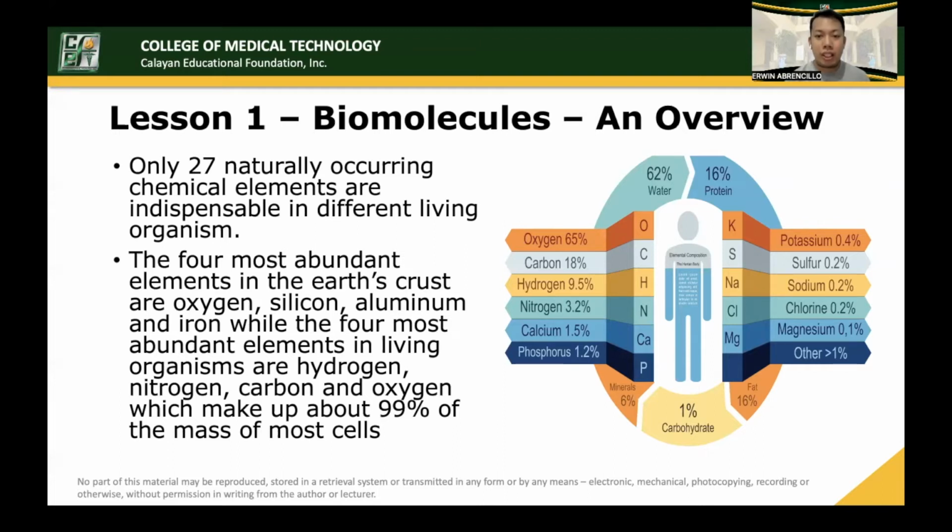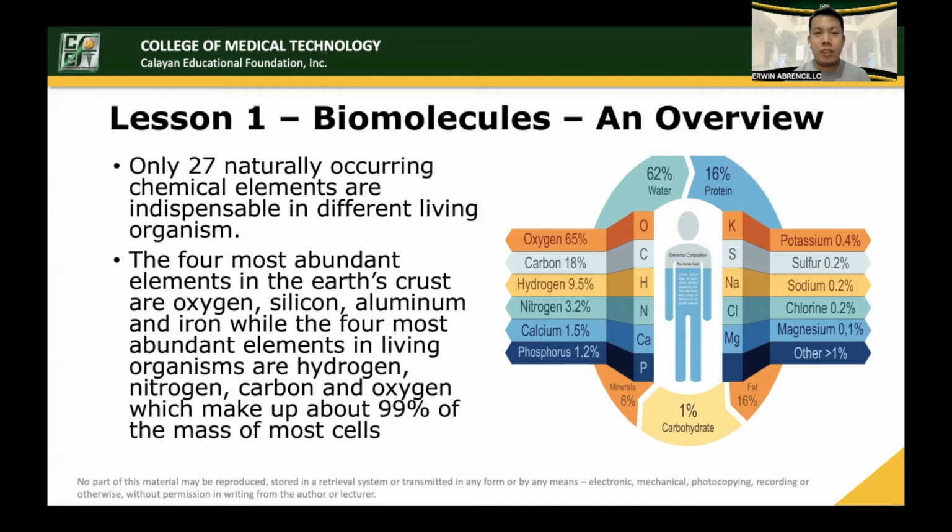Oxygen, carbon, hydrogen, nitrogen, calcium, and phosphorus, wherein the number one is oxygen, which is 65%. And on the right side are other elements such as potassium, sulfur, sodium, chlorine, magnesium, and others.